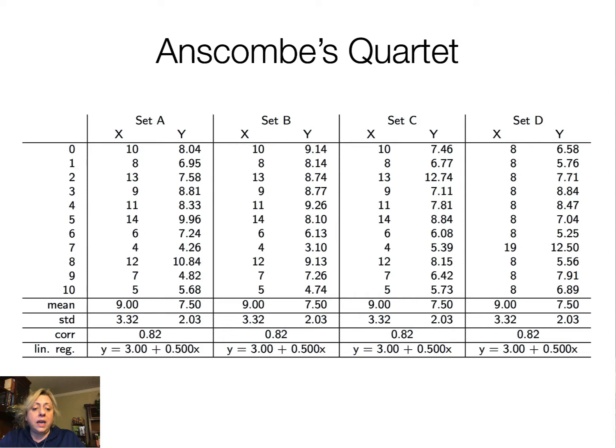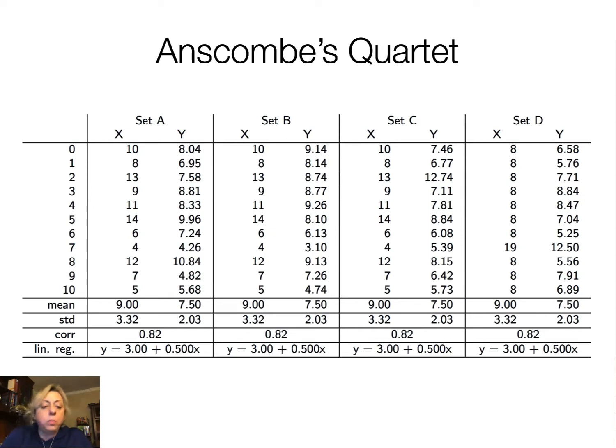And that's a phenomenon that started a long time ago that helped the visualization domain to grow, because without visually plotting this data, you will not figure out that those are not similar data sets at all.